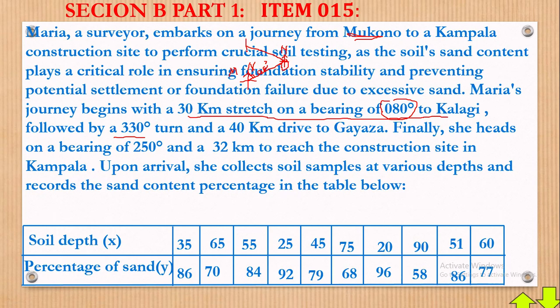Whenever you're drawing, you should put north there. So in front there we have our Gayaza. Remember, at the very start here we had 30 kilometers, and next here we have 40.